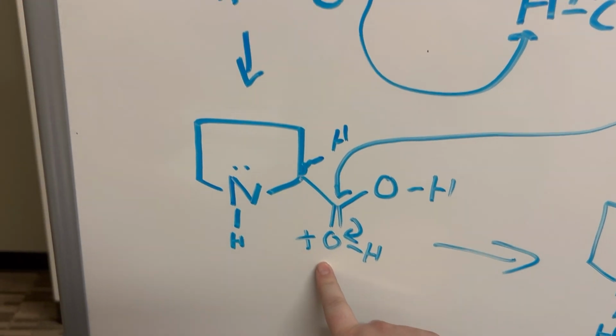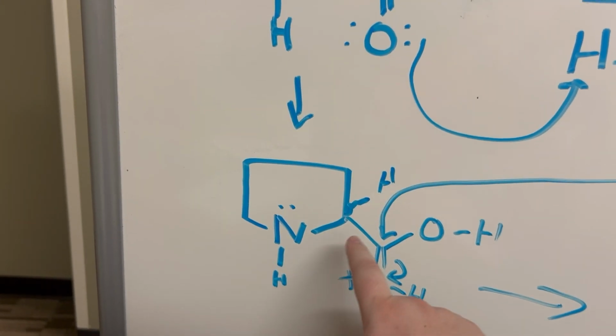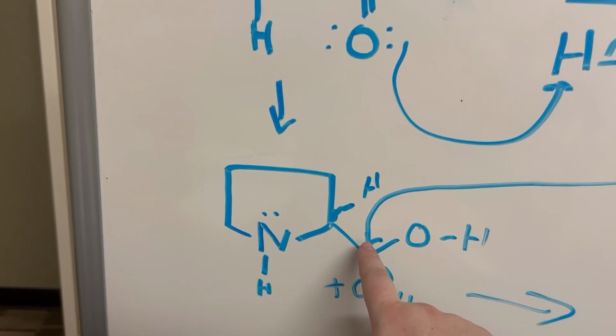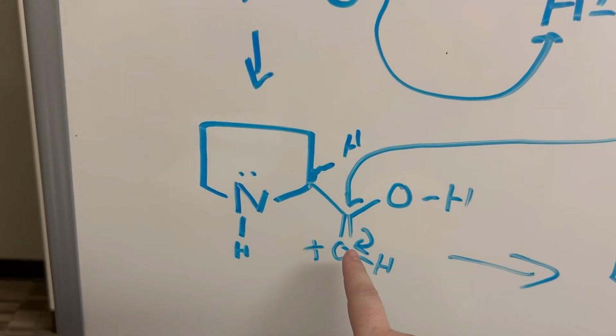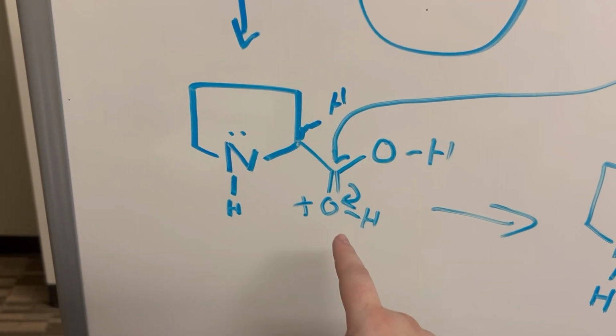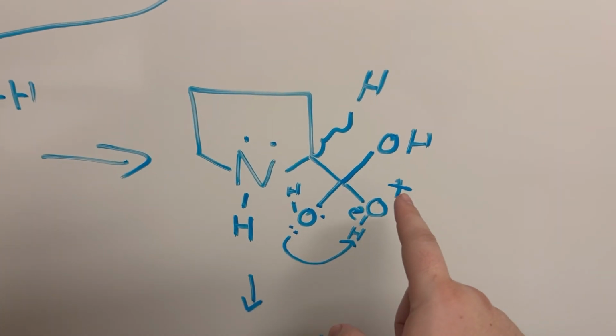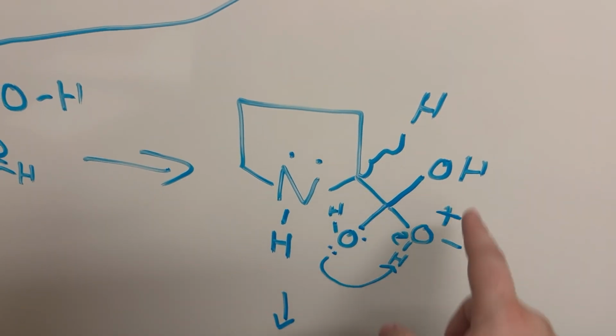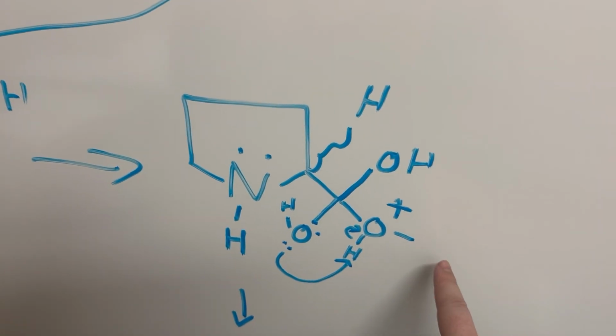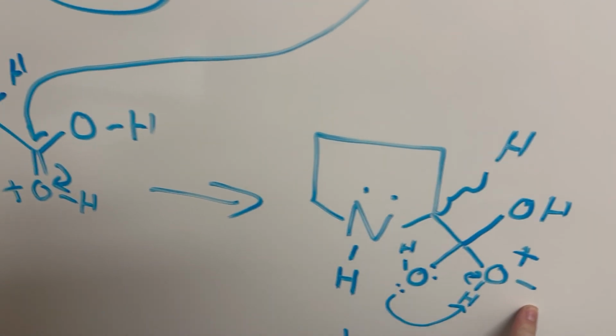And if you show resonance here, which I didn't at the time, this has a carbocation center here, allowing this alcohol to donate in. When you donate it in, you end up with the OH group and then another OH group, because it pushed those electrons on, and this positively charged methanol.